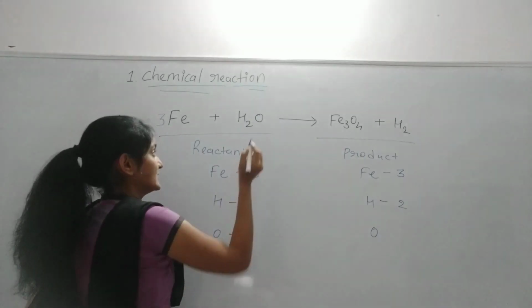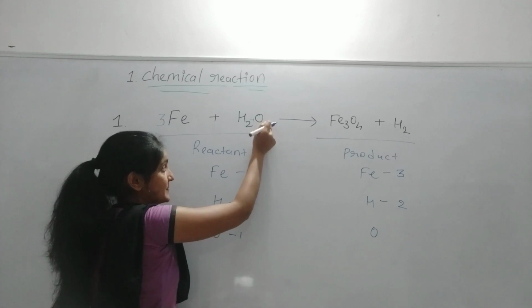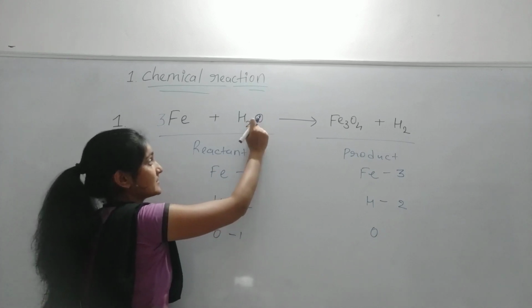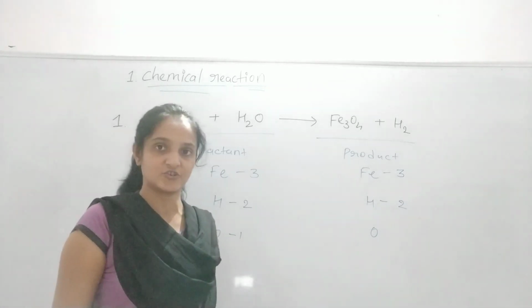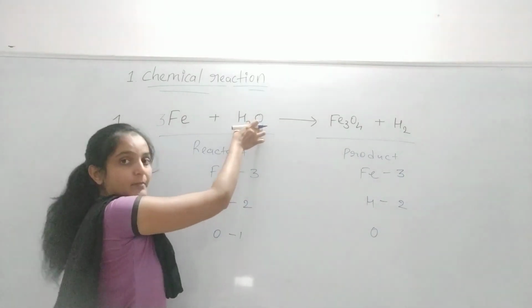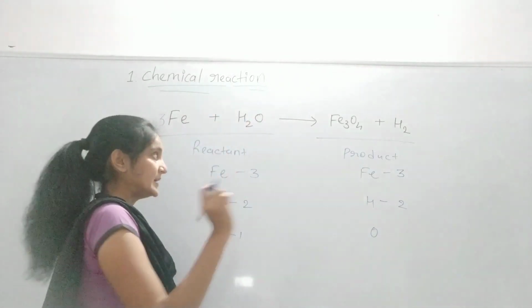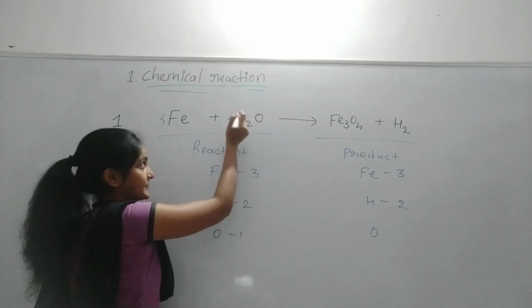Now to make it, you cannot put here 4 nor here, because as I have told you, the digit or number that you use to balance any chemical reaction must be put in front of the atom, molecule or compound. It means I have to put 4 over here.